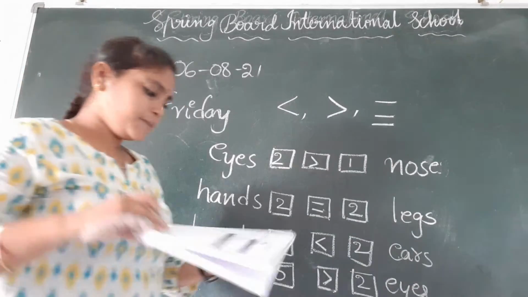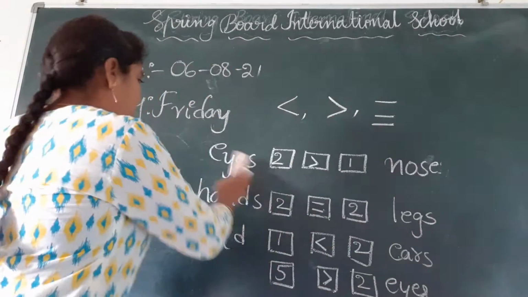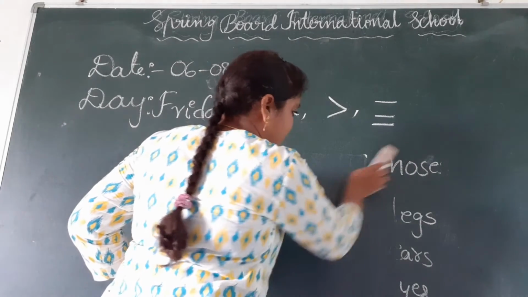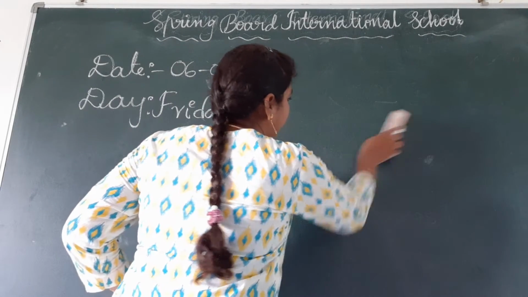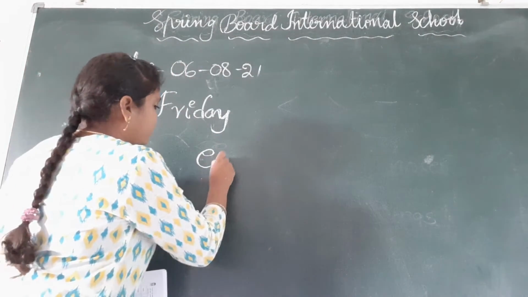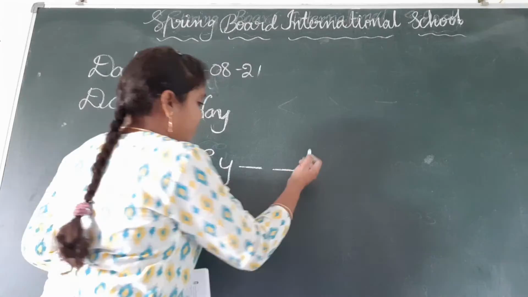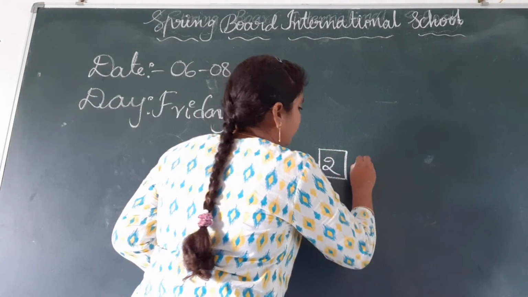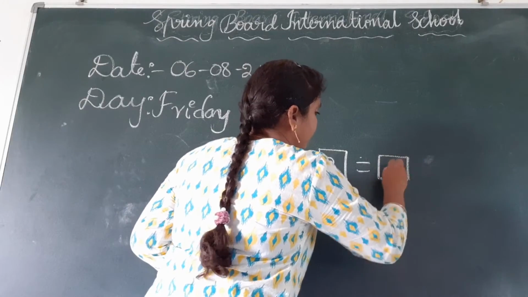Okay, next, complete this. Here some letters are missing. So check it and complete the missing letters. First, E, Y. Here 2 letters are missing. 2 is equal to 2.